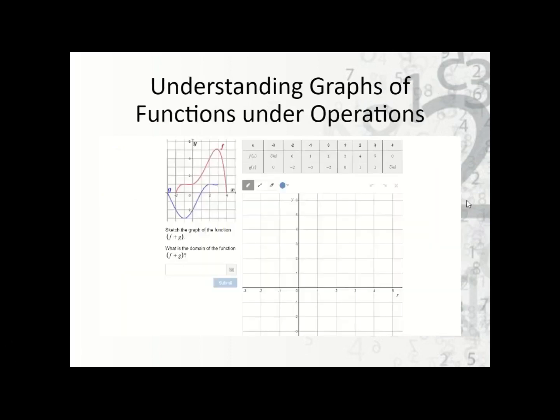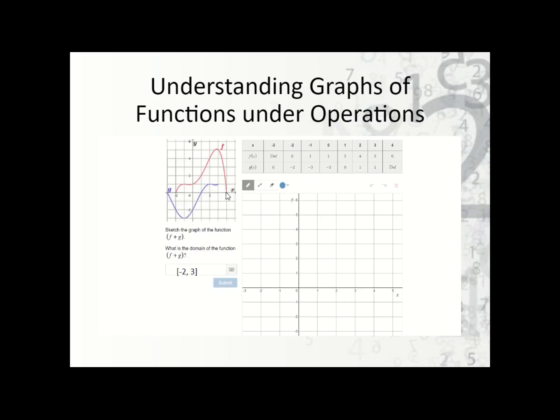Now, how do we actually do this with graphs? So they want us to sketch a graph of f plus g. So what we're going to do is we need to first figure out where these values go. So what is the domain of this, first of all? Well, the domain goes from negative 2 to positive 3.